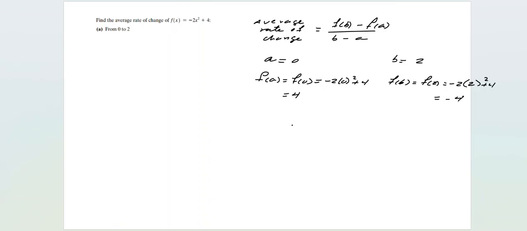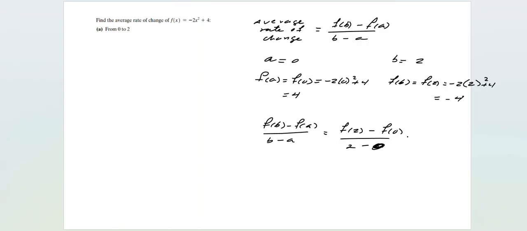Now when I know f of a and f of b, I can say that f of b minus f of a over b minus a is the same as f of 2 minus f of 0 over 2 minus 0.